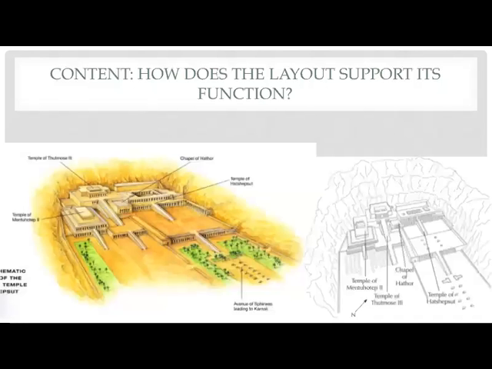So this is the aerial view of the layout of this. Not all of it is actually hers. If you look, hers is the part over here on the right. And then the temple to her son, who she was a regent for, his is actually right next to it. But notice it's a little smaller than hers, right?